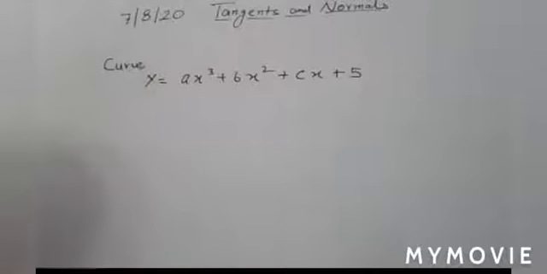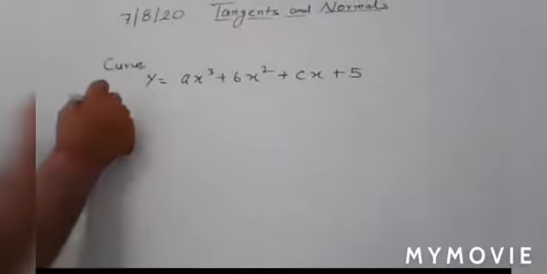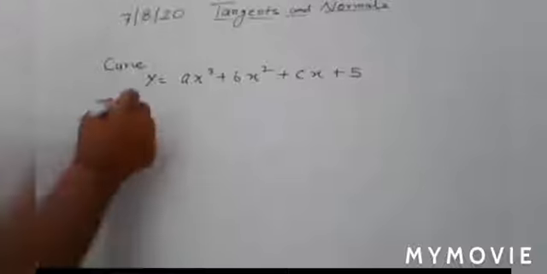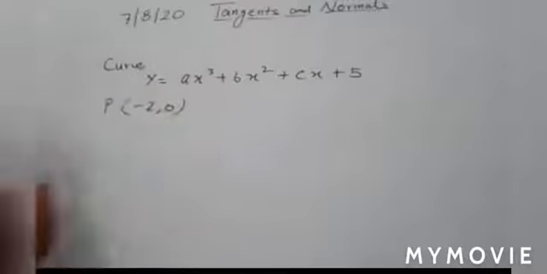It touches the x-axis at P minus 2, 0, and cuts the y-axis at point Q where its gradient is 3. Gradient means slope. Find the equation of the curve completely.